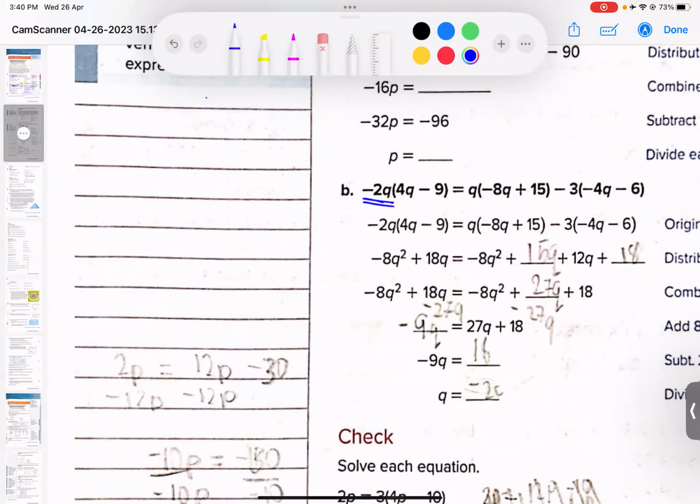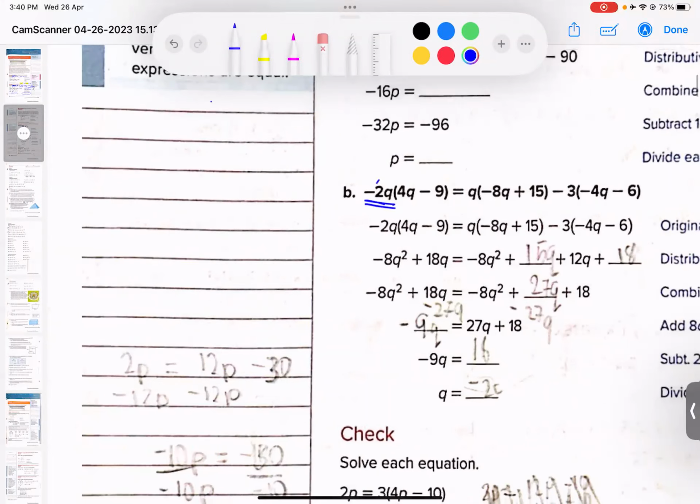The first thing that you have to do is just to try to distribute negative 2q multiplied by 4q. So this one is going to be negative 8q power 2. And here we have negative 2q multiplying negative 9, so it's supposed to be positive 18, right? q.